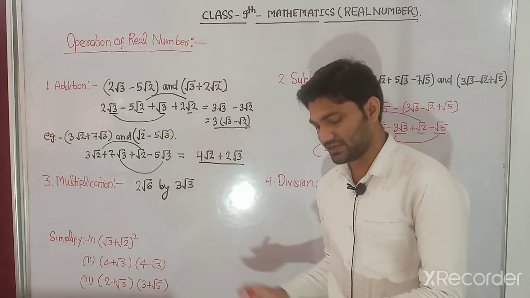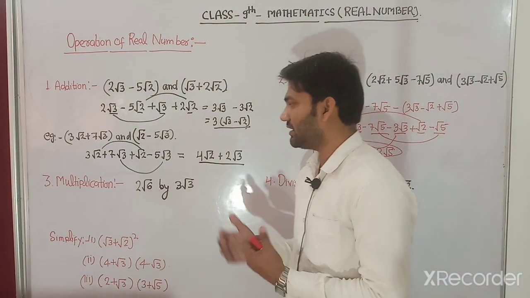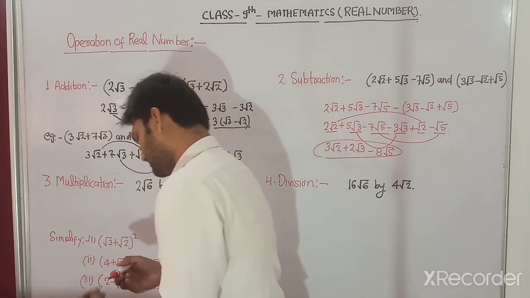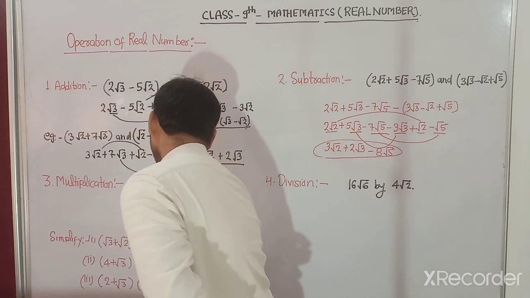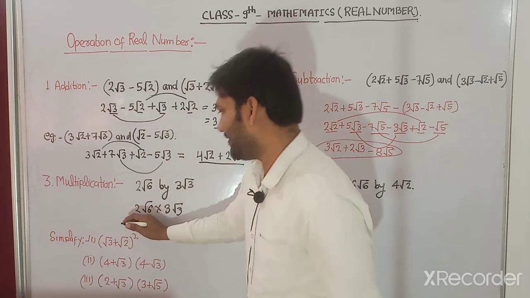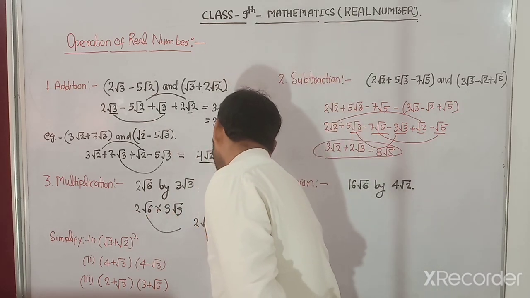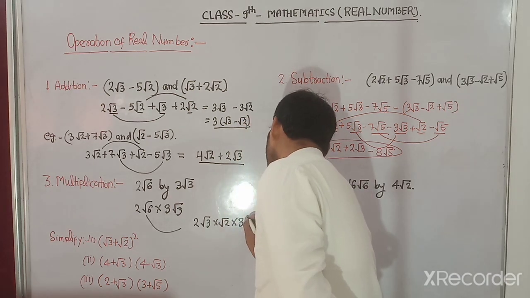Next is multiplication. How to multiply any rational or irrational number with another number. Numbers are given: 2 root 6 into 3 root 3. Root 6 breaks into root 2 and root 3. So 2 root 3 into root 2 into 3 root 3.